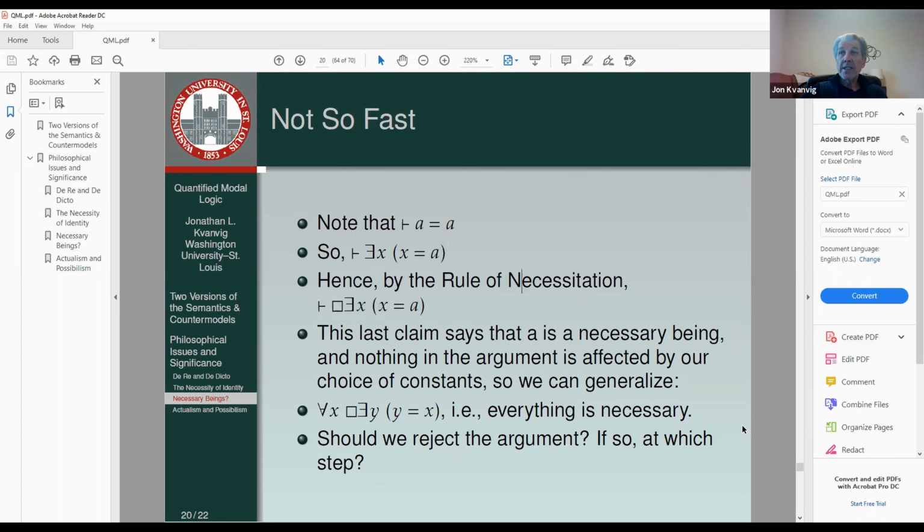The rule of necessitation works perfectly fine for propositional logic. Anytime you've got a theorem in propositional logic, you can put a box on the front of it. But maybe you have to insert restrictions on it when it comes to modal contexts where you're using quantified predicate logic with modal operators in addition.